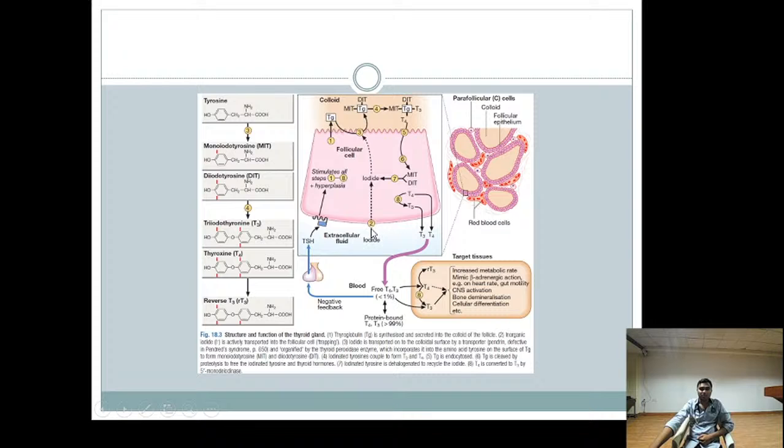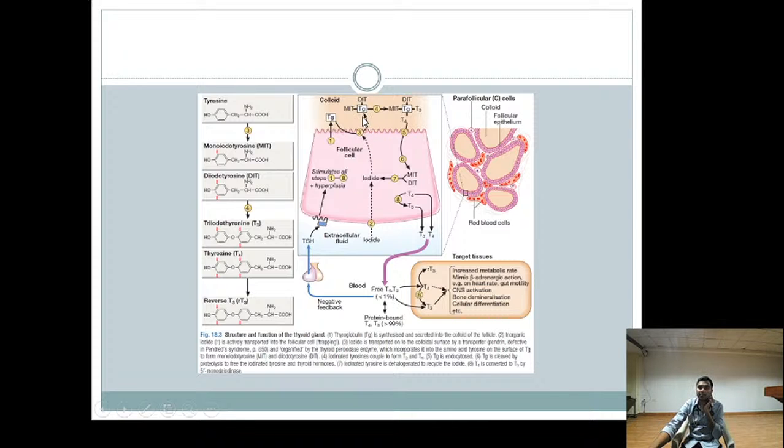Iodine is absorbed from the basolateral membrane. There is a receptor known as the sodium iodide symporter. Iodine is trapped into the follicular epithelial cells, and through the apical membrane there is a receptor coded by the pendrin gene. A defect in pendrin causes Pendred syndrome.